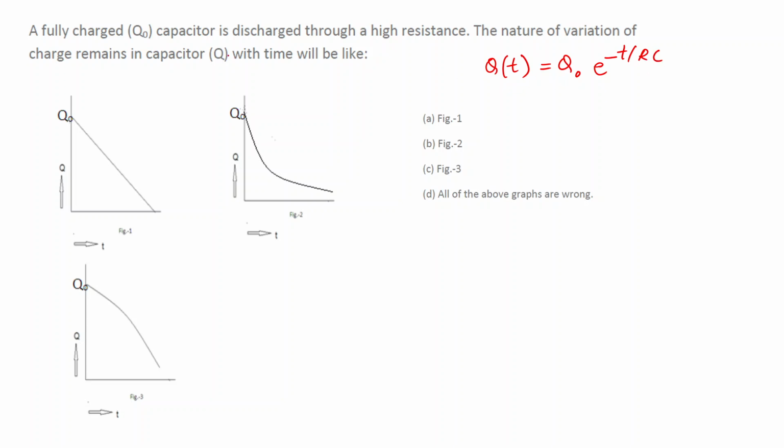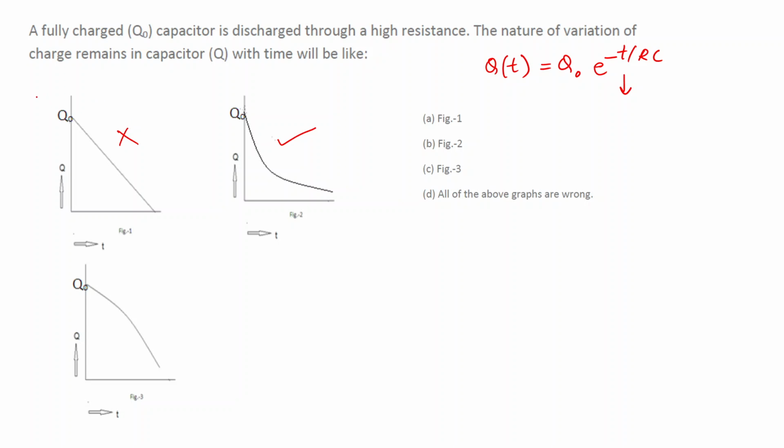So we know the variation of charge will be exponential. This is a linear drop, this is not exponential, this is exponential. So the charge variation during discharging of the capacitor will be given by this graph. This is the correct answer.